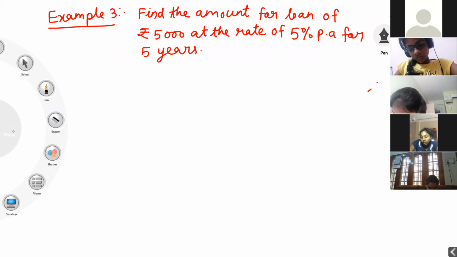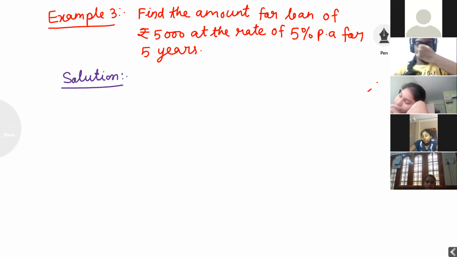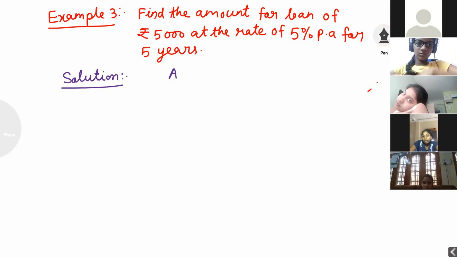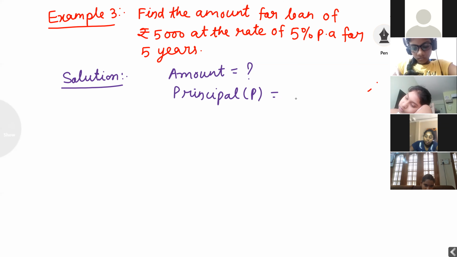This chapter is a very easy chapter, students. Based on formula, questions they will ask. Now in this question, firstly, find the amount. Amount is equal to question mark. For the loan of 5,000, loan means principal. Principal P is equal to rupees 5,000.